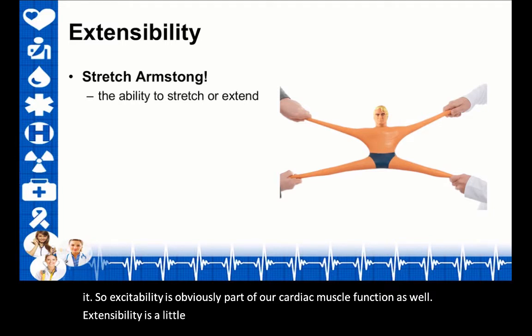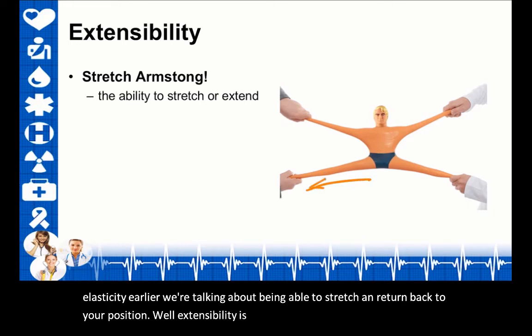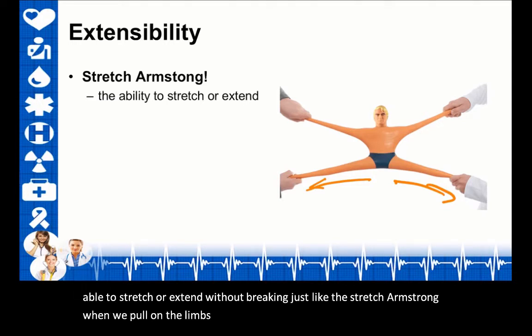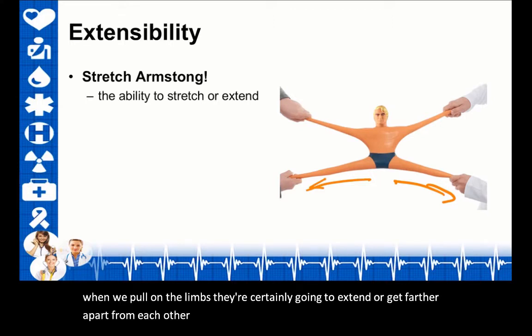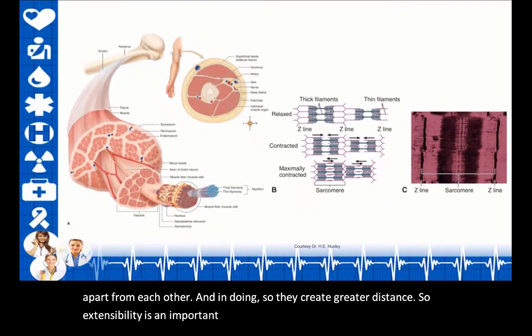So when we're talking about elasticity earlier, we were talking about being able to stretch and return back to your position. Well, extensibility is just the property, essentially, of being able to stretch or extend without breaking. Just like the Stretch Armstrong, when we pull on the limbs, they're certainly going to extend or get farther apart from each other, and in doing so, they create greater distance. So extensibility is an important role for skeletal muscle.